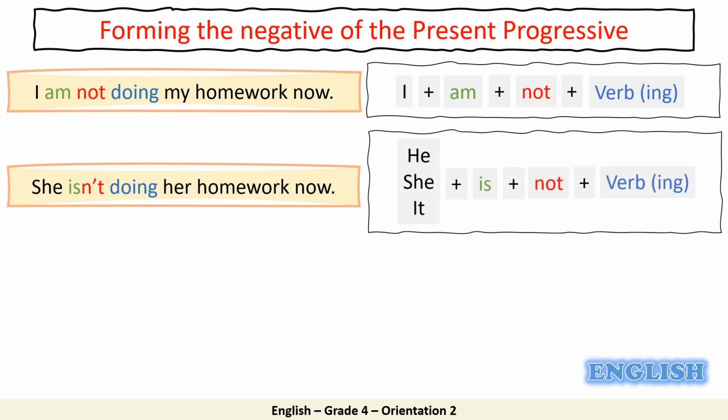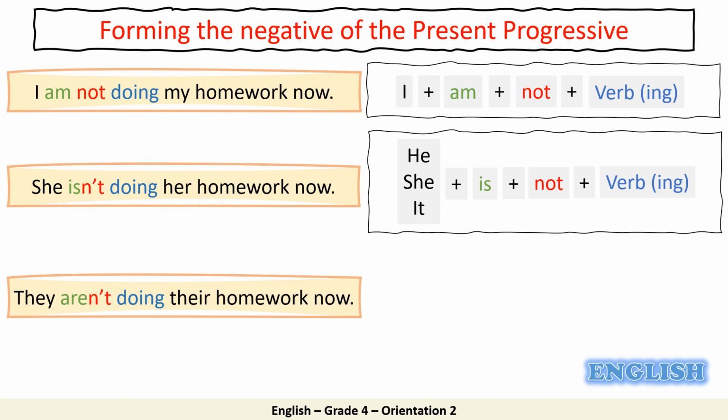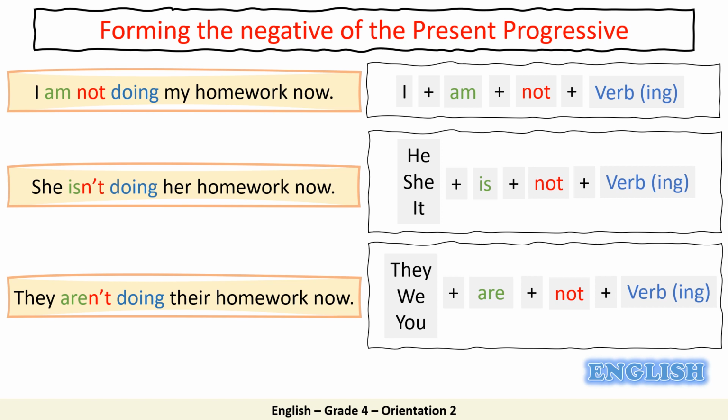We start by he, she, or it, or a name of one person, plus is, plus not, plus the verb in the ing. Next, they aren't doing their homework now. We start with they, we, or you, or even names of two people or more, plus are, plus not, plus the verb in the ing form.